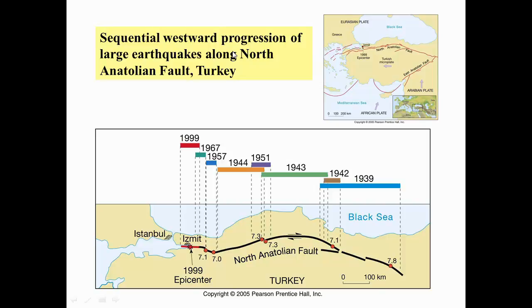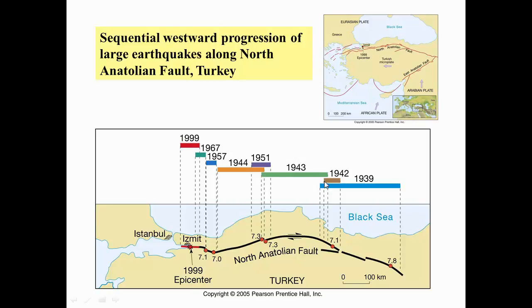Here's an example of the sequential westward progression of large earthquakes along the North Anatolian Fault in Turkey. Notice that back in 1939, the fault segment furthest to the east was affected by a 7.8 magnitude earthquake.